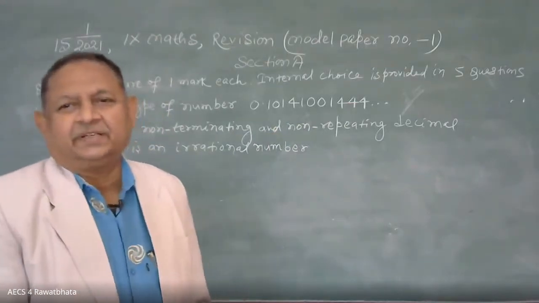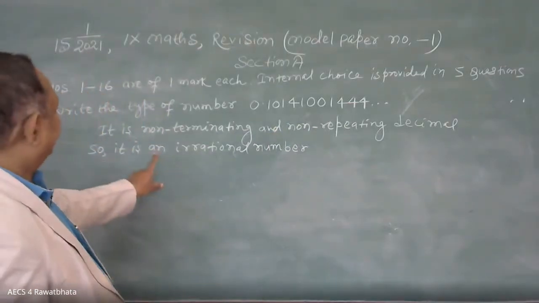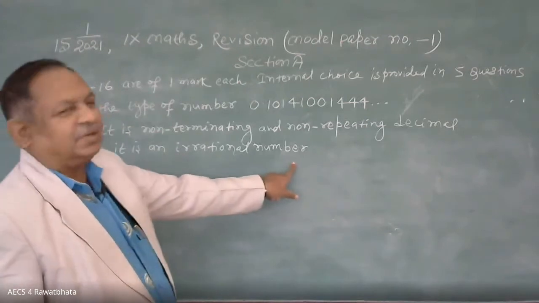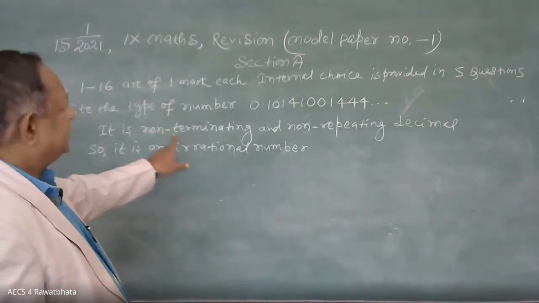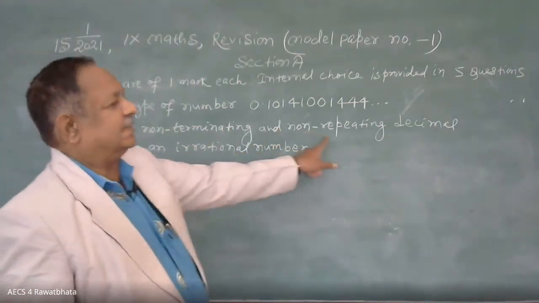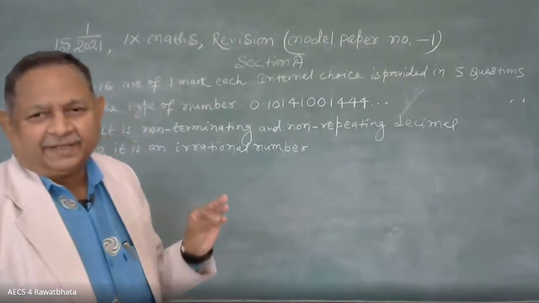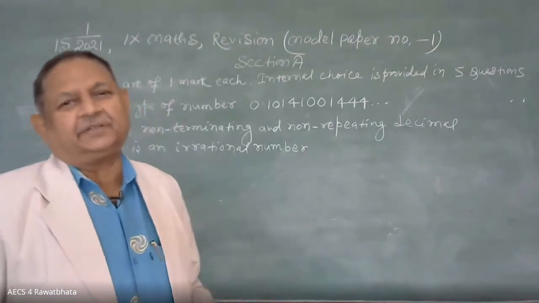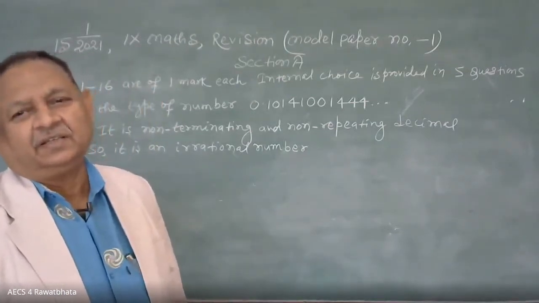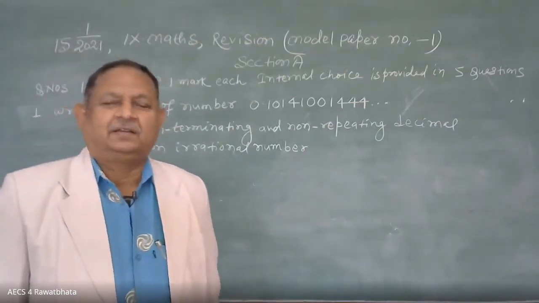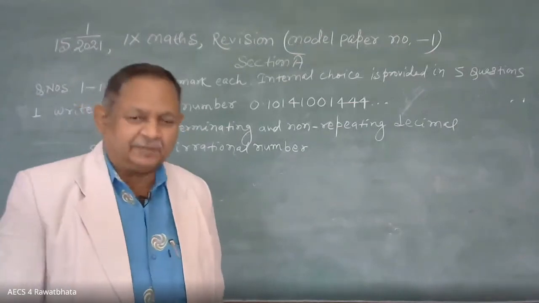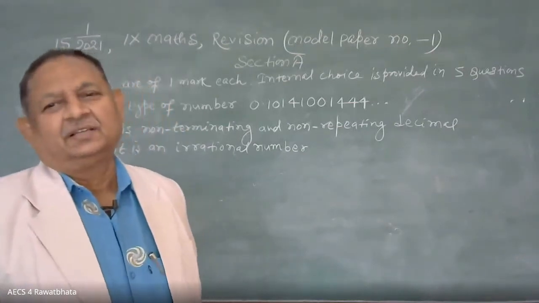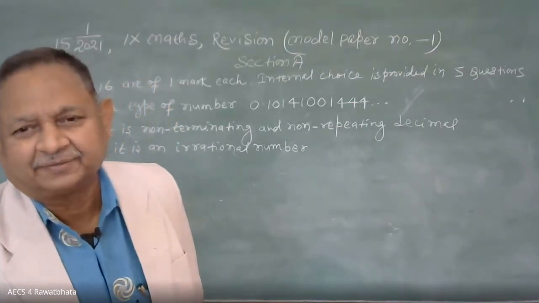So your answer is this one only, irrational number, and this is our explanation. Any number which is non-terminating but non-repeating is an irrational number, and non-terminating but repeating decimal is a rational number.